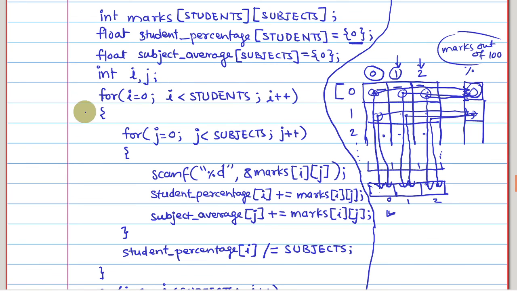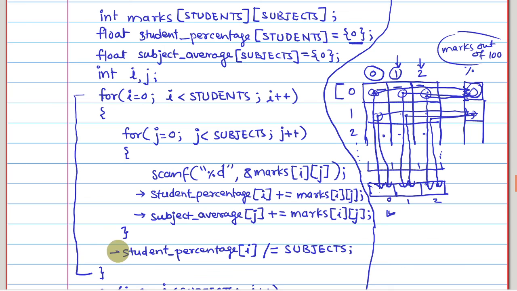This outer for loop is for scanning marks of all the students for each subject that they have, and along with that, with this statement and this statement, we are adding those marks to the student total and subject total, right? Or basically student percentage, so that we can later calculate student percentage, and later we can calculate subject average, but initially we are just totaling with this, right?